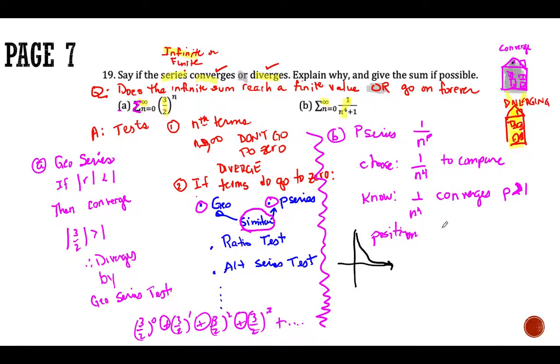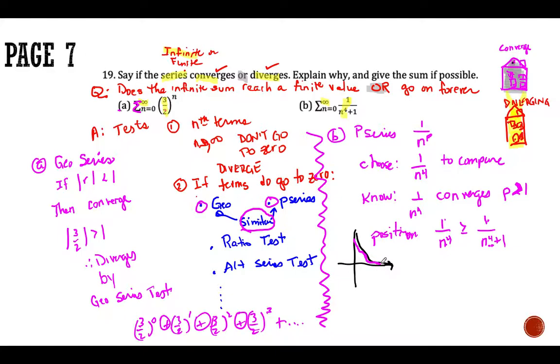Since 1 over n to the 4th is always bigger than or equal to 1 over n to the 4th plus 1, think about that for a second. Your denominator is bigger. So for instance, if this is 1 over 1,000, this is 1 over 1,001. If the denominator is bigger, the overall ratio is smaller. That means that 1 over n to the 4th plus 1 is under 1 over n to the 4th.